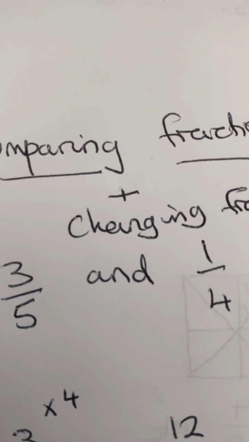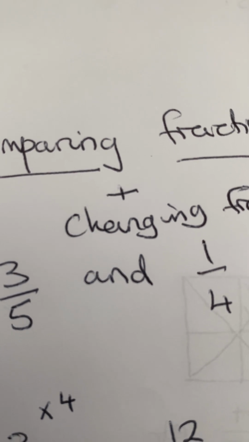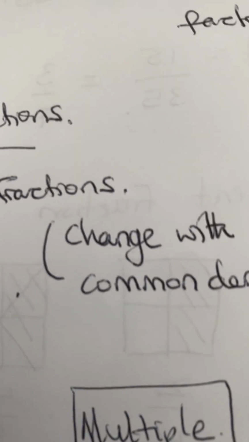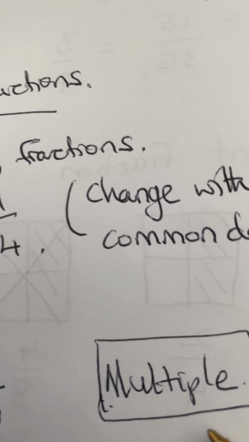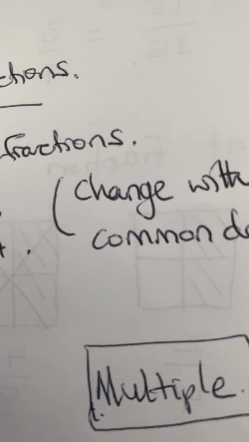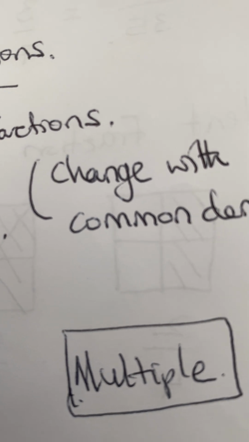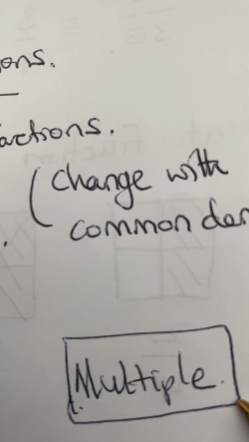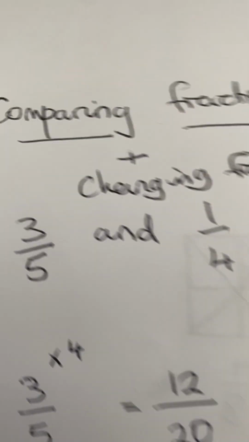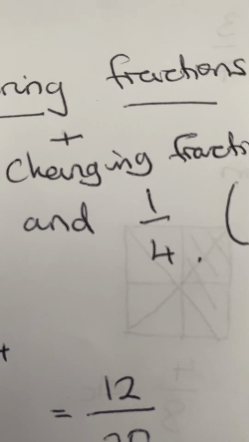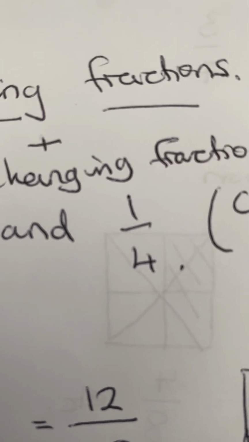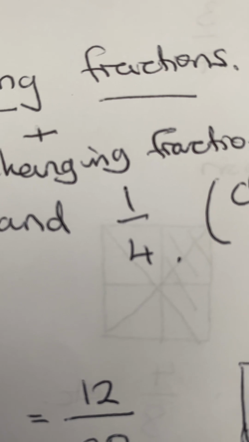But you will quickly know if you are able to find the common multiple of all the numbers in the denominator and use it to put all the fractions into the same denominator. What do I mean by that?